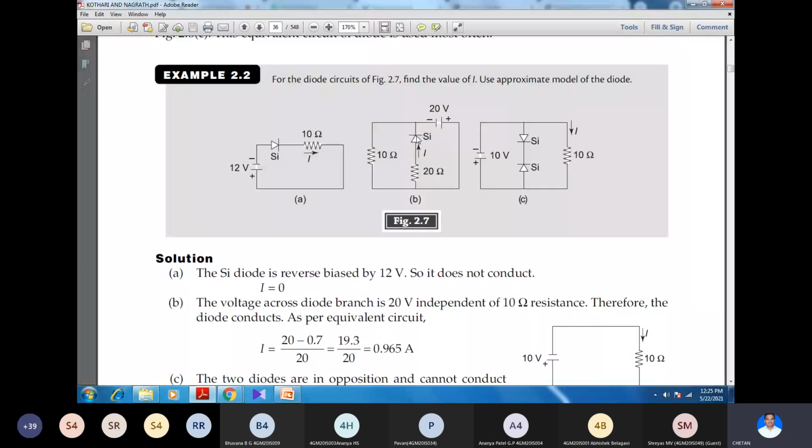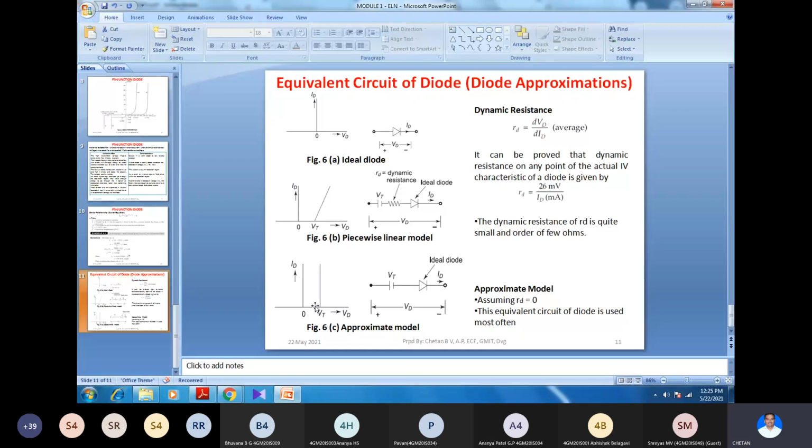Now you have to find out I. So first you have to find the equivalent voltage here. The total voltage across this branch is 20 minus 0.7, because there is a battery here whose value is 0.7. For a silicon diode, the value of V_T will be 0.7.